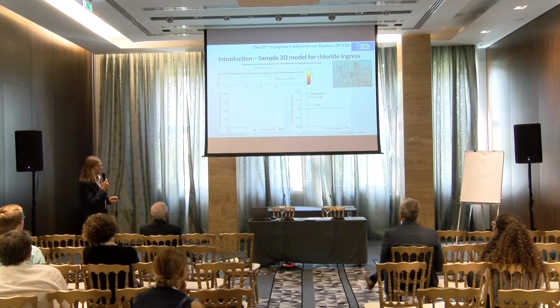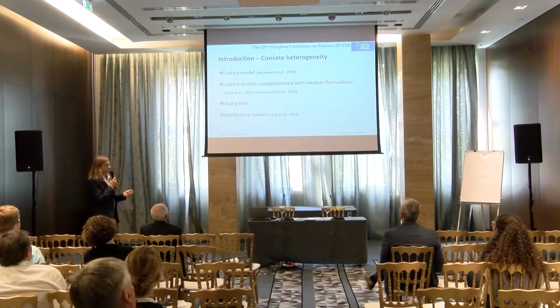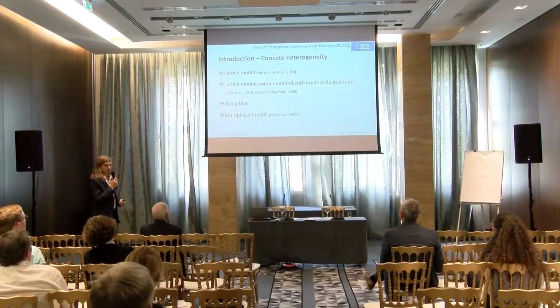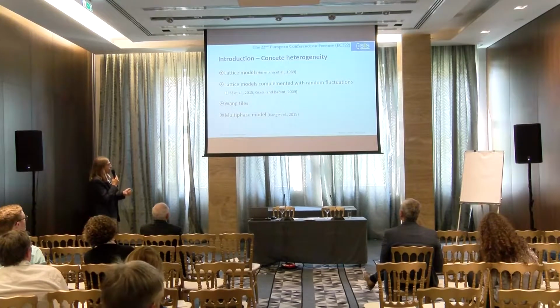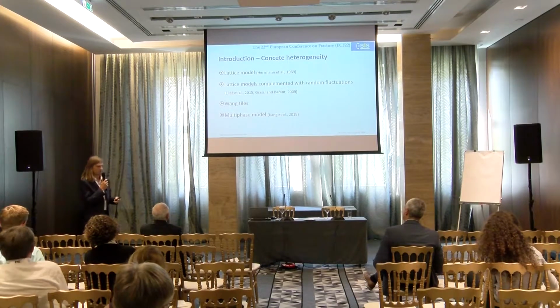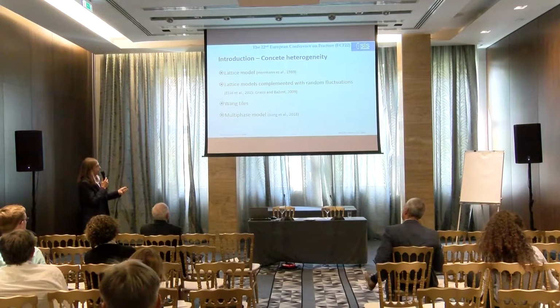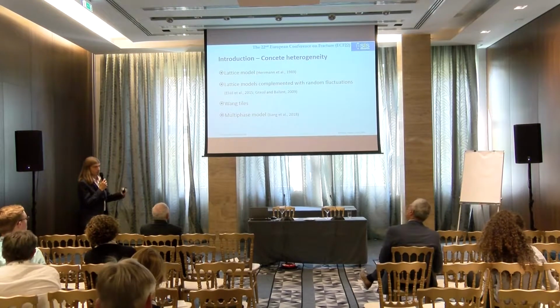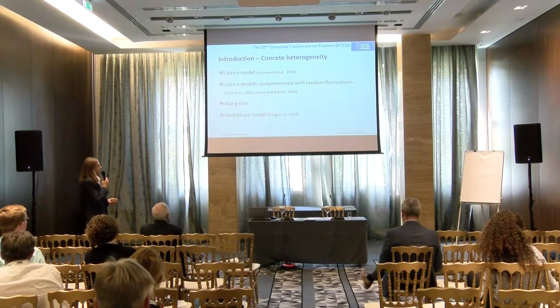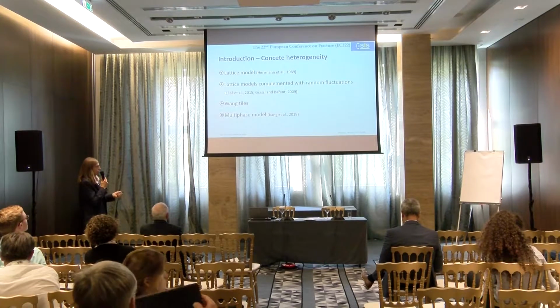And we tried to evaluate the possibility of introducing the heterogeneity, and we are here at the conference for fatigue, and for example, in case of a fracture process in concrete, the lattice models for the structural mechanics process modeling were introduced, and they were even complemented with the probabilistic approaches and random fluctuations, or other approaches for the heterogeneity multiphase model.